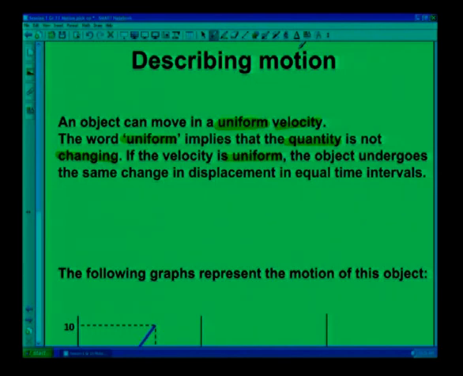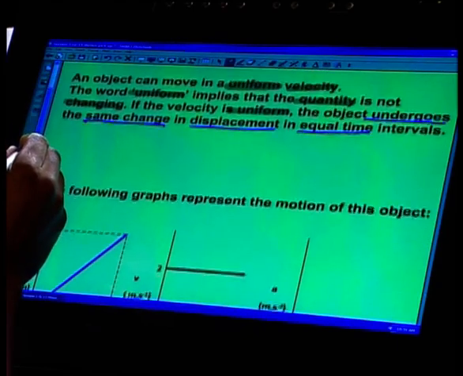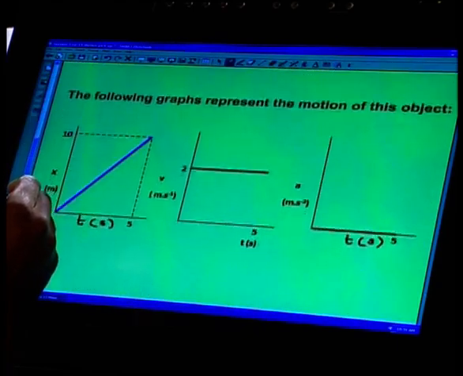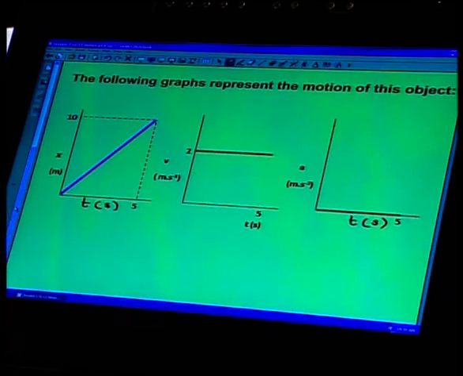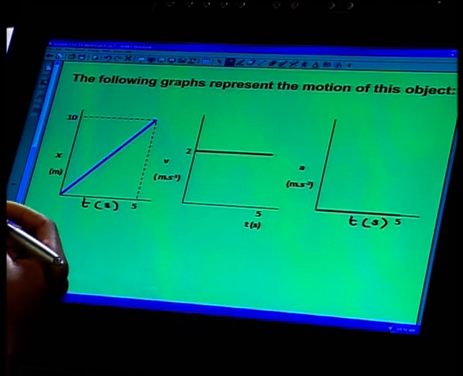Now, when we have velocity that is uniform, it will mean that the object undergoes the same change in displacement in equal time intervals. And we are going to try and illustrate that making use of the graphs below. So these graphs now, we're going to use them to describe the motion here that we're talking about.